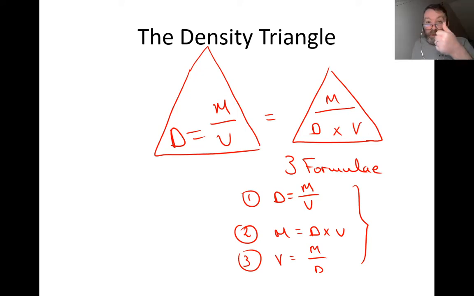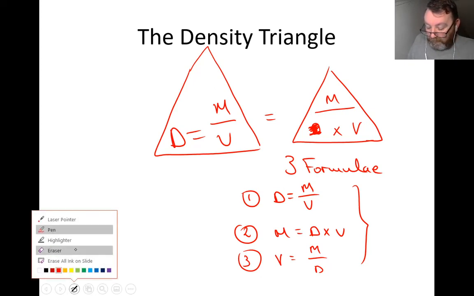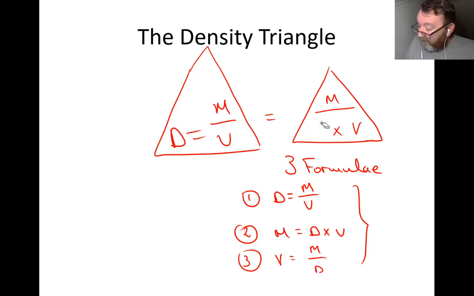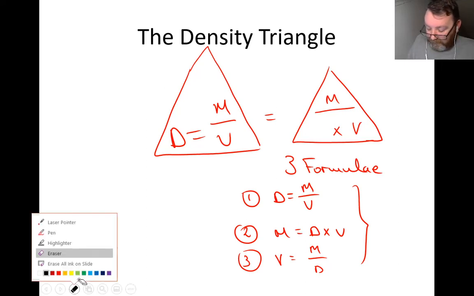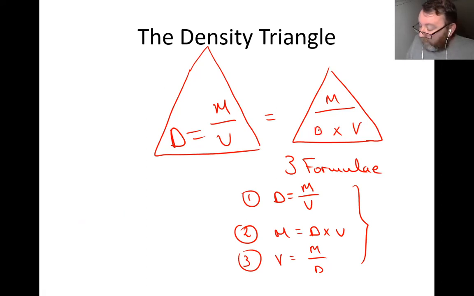The way I normally do it is I always cover up the letter I'm looking for. If I was looking for density, I would cover up density with my thumb, and I'd say, density equals mass over volume. If I wanted volume, I'd put my thumb under volume like this, and I'd say, volume equals mass over density.